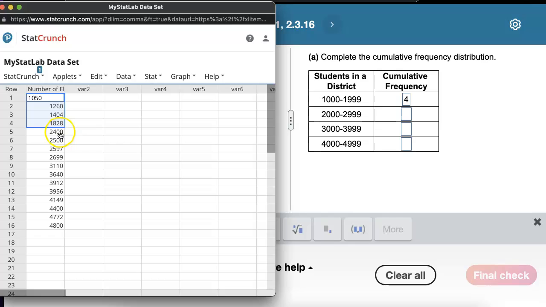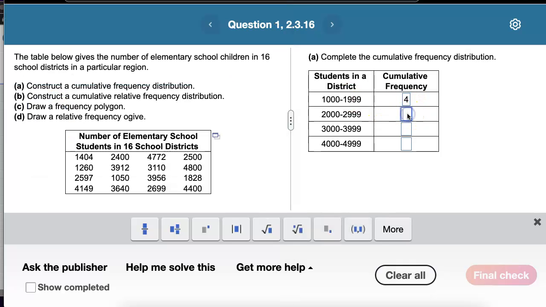So from 2,000 to 2,999, there are 1, 2, 3, 4. But a cumulative frequency is not just a count, it also includes anything below that class. So 4 and the 4 before, then I get a total of 8.